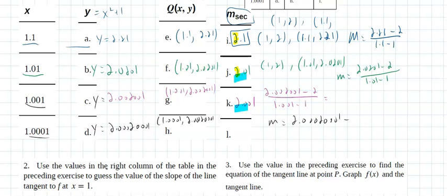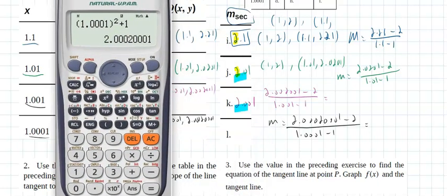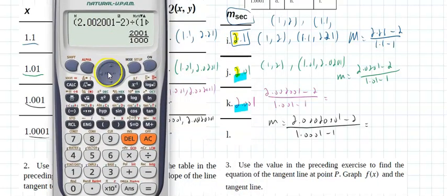So again, my slope now will be y2 minus y1 over x2 minus x1. And if I recall my calculator again, go back, there it is. I can recall that. Input an extra 0 right there, and input an extra 0 there, and an extra 0 there. 2.00, 3 zeros and a 1.